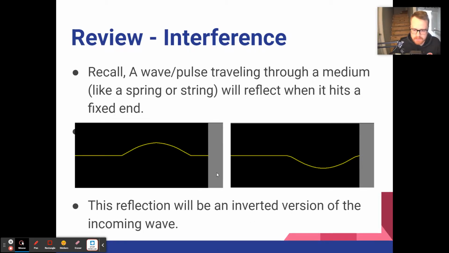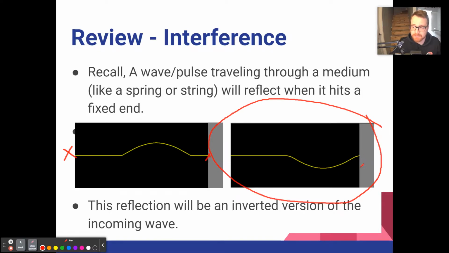In this picture, we have a fixed closed end, meaning my wave operator is down here, and the string is securely tied to, let's say, a wall. The wave travels down the string, hits this location, and then it's going to invert and reflect back to the wave operator down here.